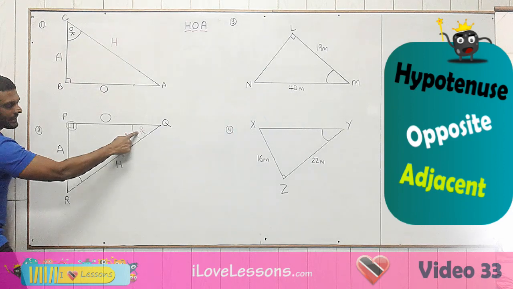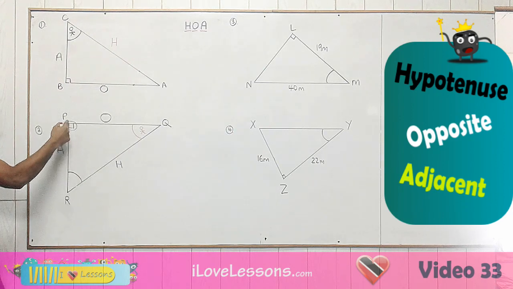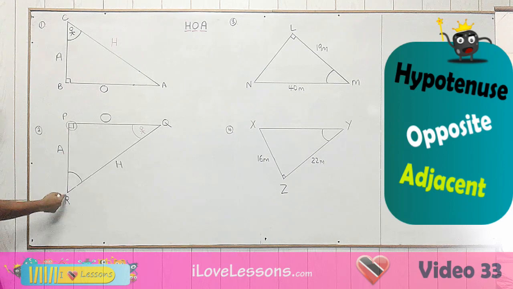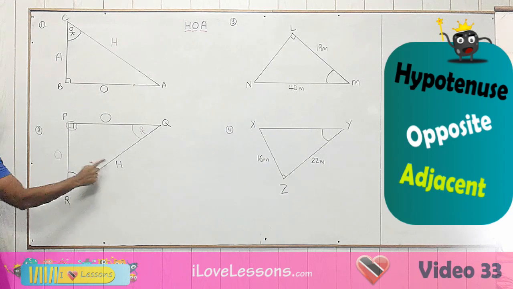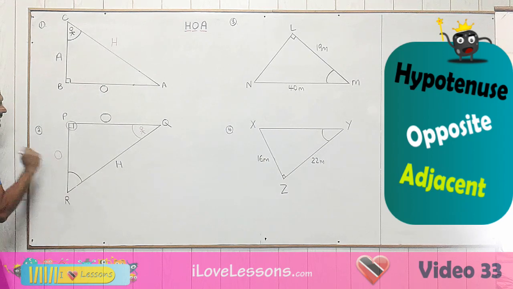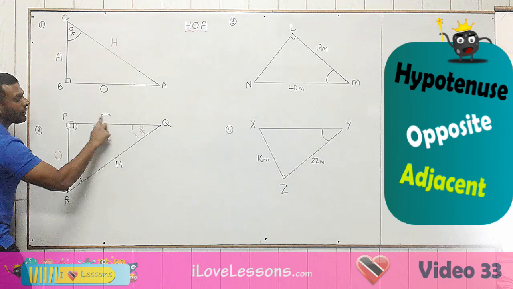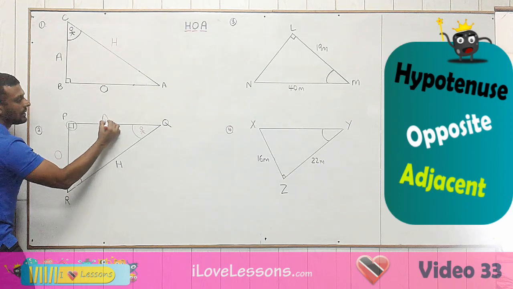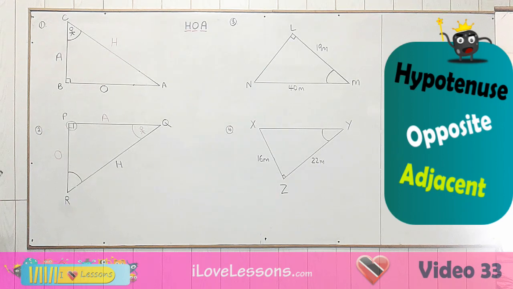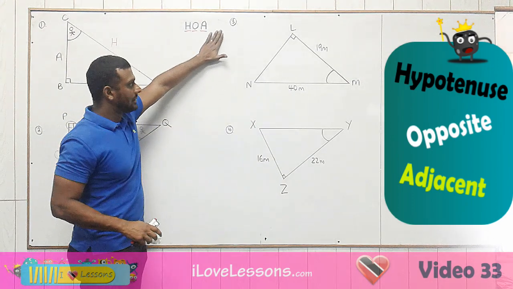But if you're standing here, this side or this face of the triangle will be opposite to you. So here will be regarded as the opposite. We have the hypotenuse and the opposite. The third or remaining side will be your adjacent. Right?